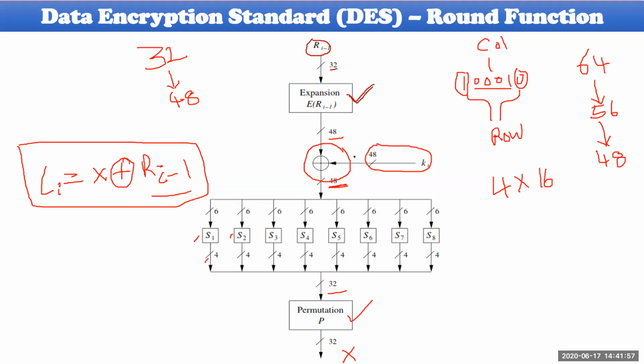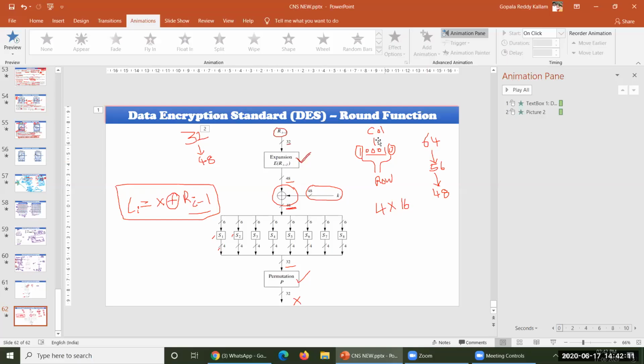This is what happens in the actual round function. This is the total structure of the round function. The round function will happen like this. That is the explanation for today, and we'll continue tomorrow. We will see how things happen after the round function, after the first round, second round, third round, and so on.